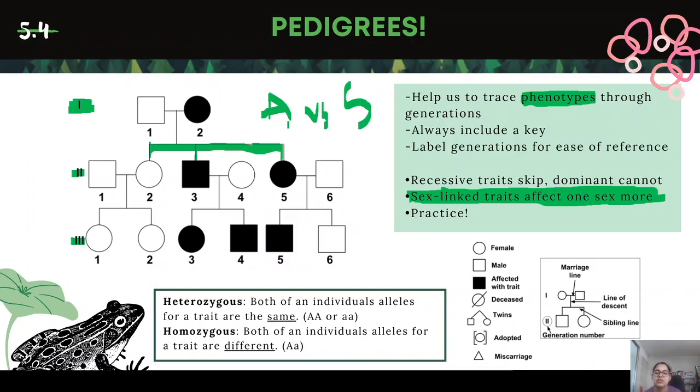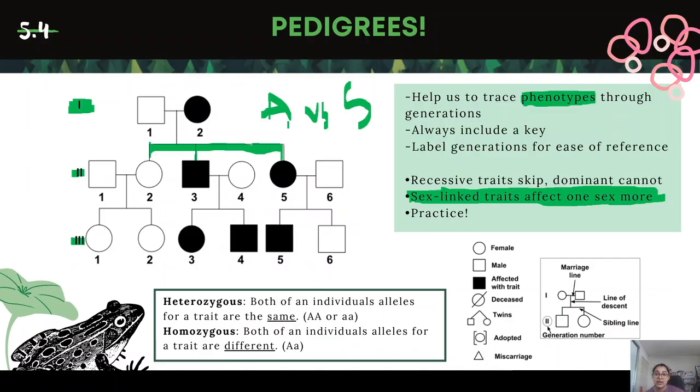Males have XY chromosomes, females have XX chromosomes. Because males get their X chromosome from the mother, if the mother is a carrier and the trait is sex-linked, on the X chromosome, the child is going to get it.